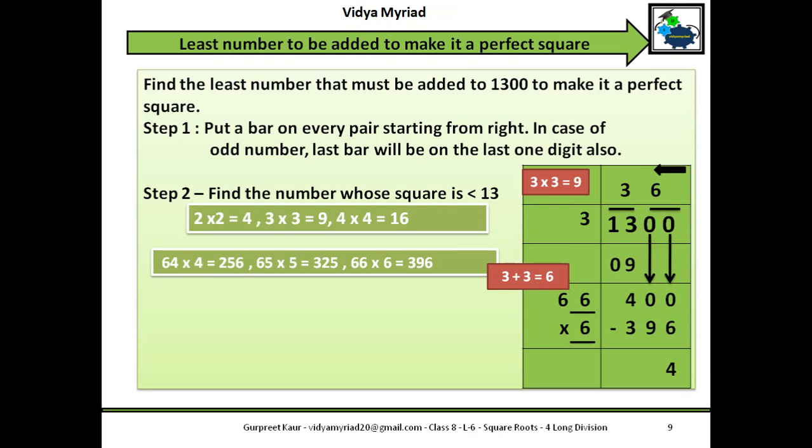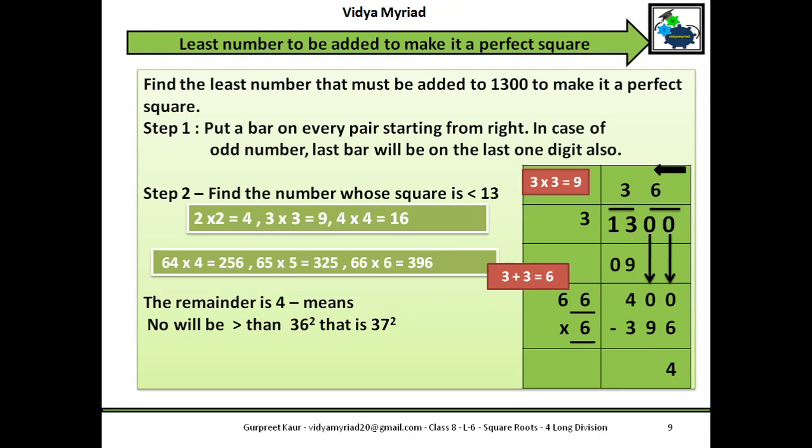Now if I do 36 square, it is not perfect, 1300 will not be the answer. So I will try to find the next number. After 36, what will come? 37. Now with 37, I will need to add something to 1300, a bigger number. The number will be greater than 36 square. That means 37 square.